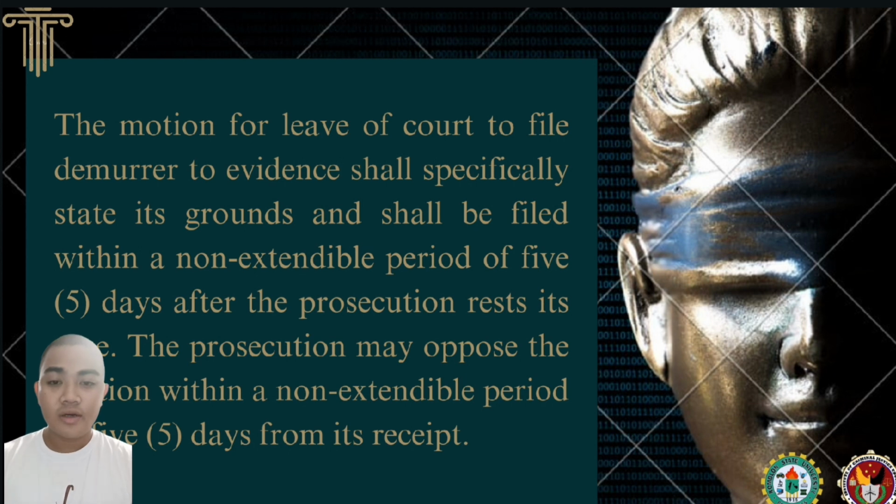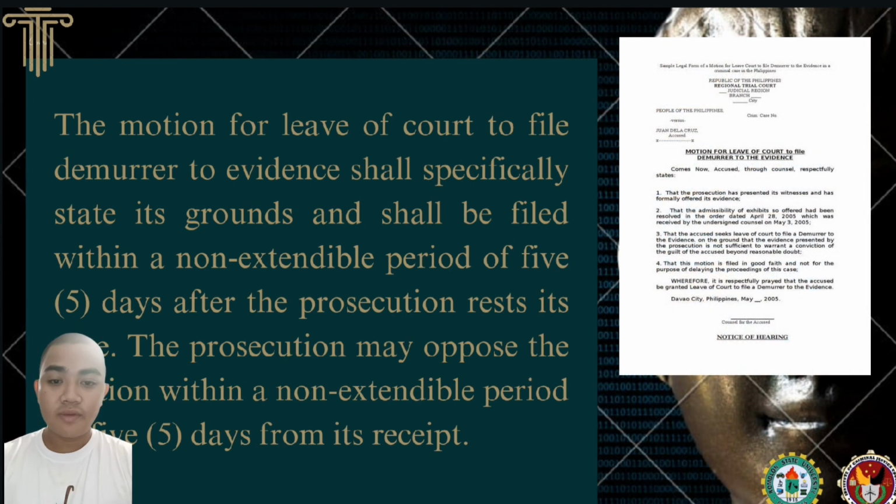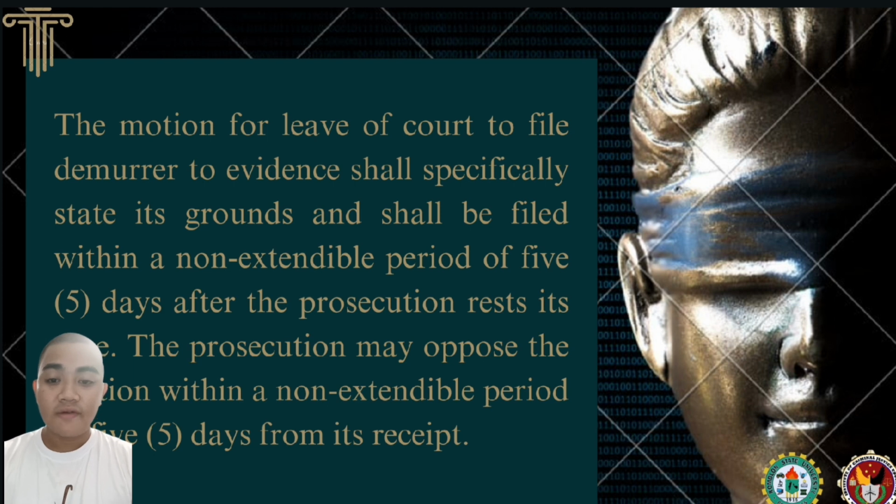As for filing the demurrer, the accused can do this either with or without the court's permission. If they get permission and the court says no, they can still present their own evidence. If they don't get permission, they can't present their own evidence.